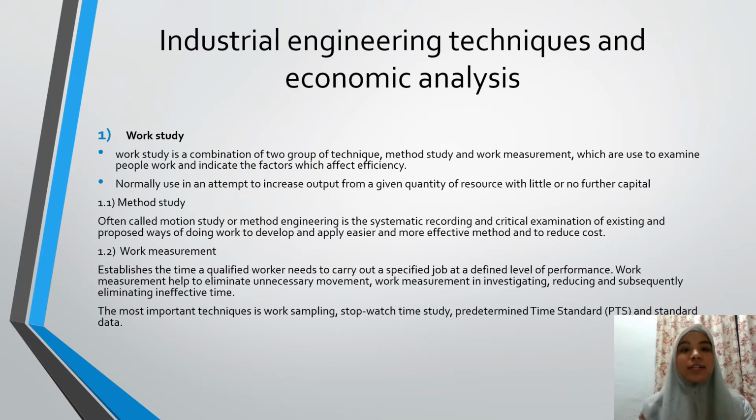Okay, the work study is a combination of two group techniques, method study and work measurement, which are used to examine people's work and indicate the factors which affect efficiency. What is the effect on efficiency? Of course, the effect is on our production of economy.